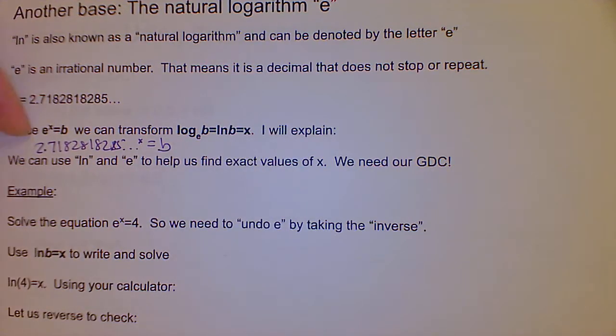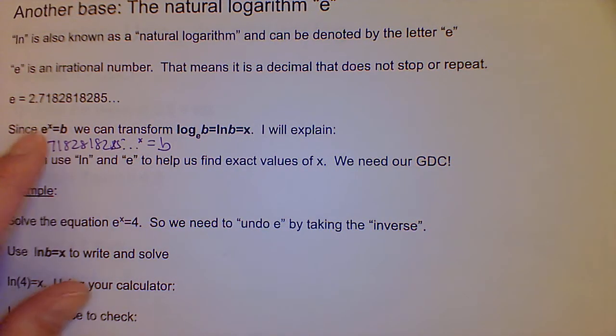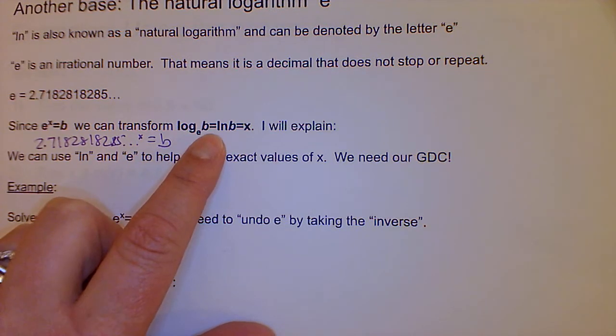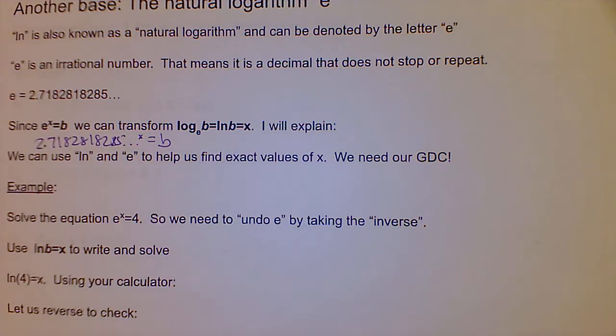But this number has come up so much in mathematics that the mathematicians said, we're naming it e. So instead of writing all of this out, they shortened it to the letter e. We can transform this: log base e of b equals the natural log of b, ln, the natural log of b equals x.